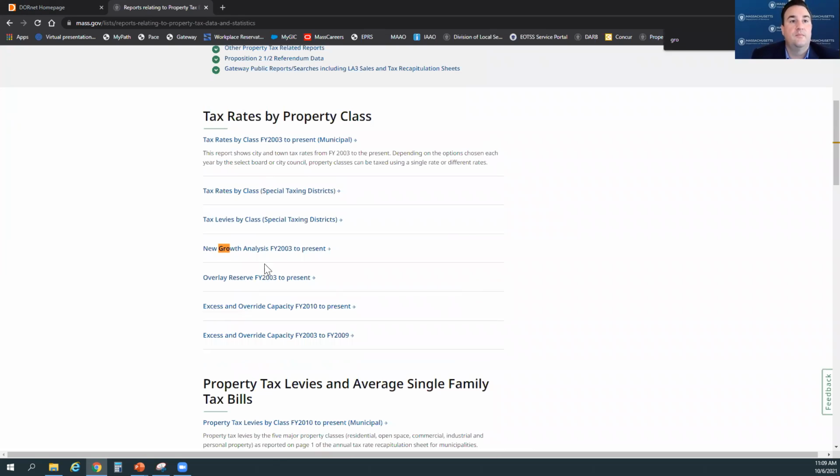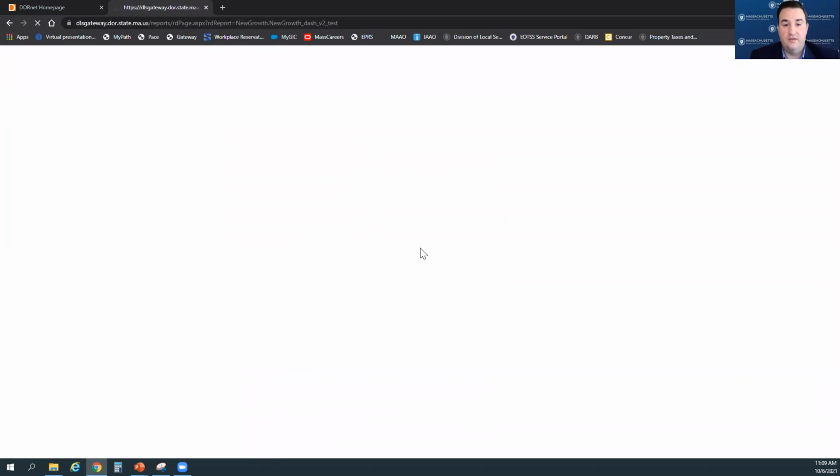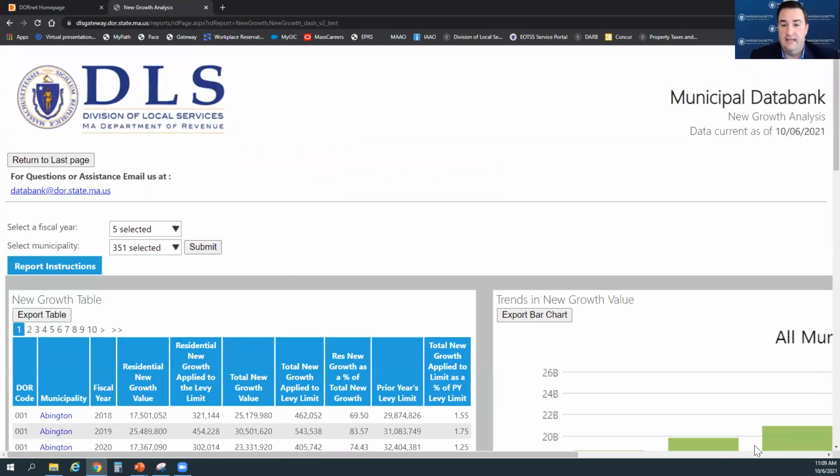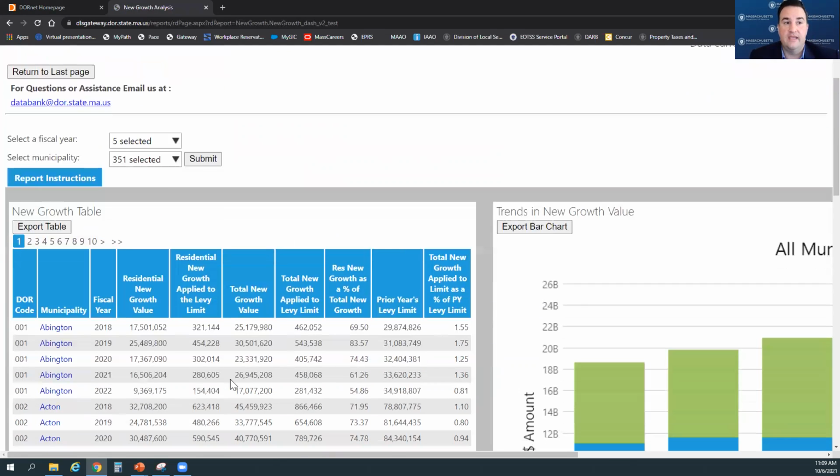Here we go. So this is where the data for new growth can be found. You can look at the last 4 or 5 years. You can look at a 10-year trend, but this is where you'd find the data for growth.